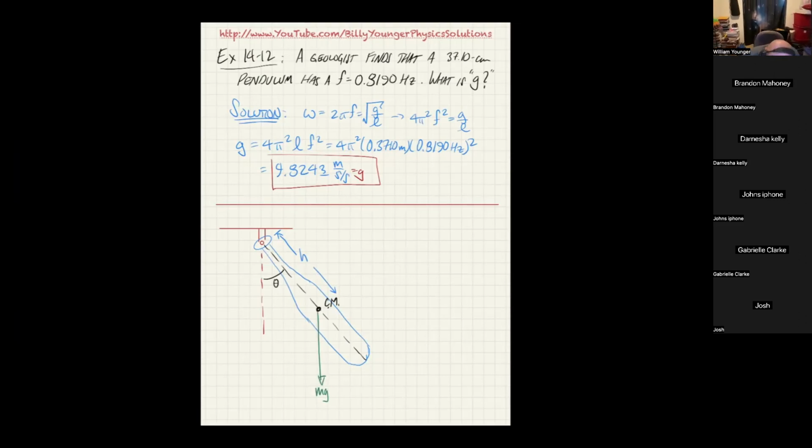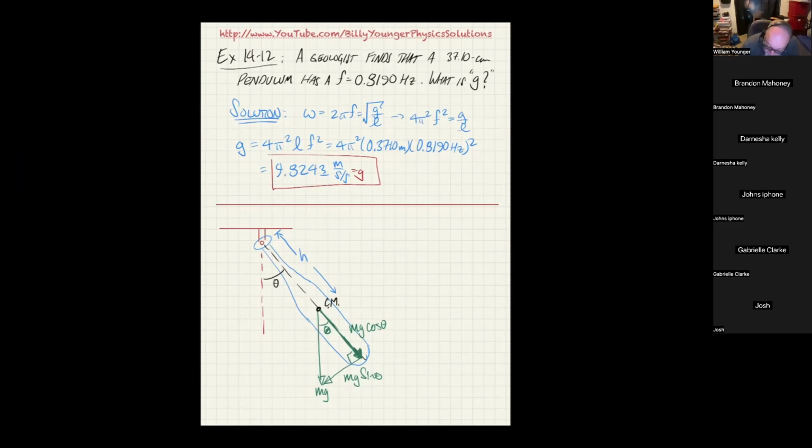We can break that vector up because, again, this angle will also be theta. And we can break that up into a vector that acts right through the center of rotation. That is mg cosine theta. And then there's another force that acts, and that'd be mg sine theta. But notice that one acts perpendicular to the lever arm.